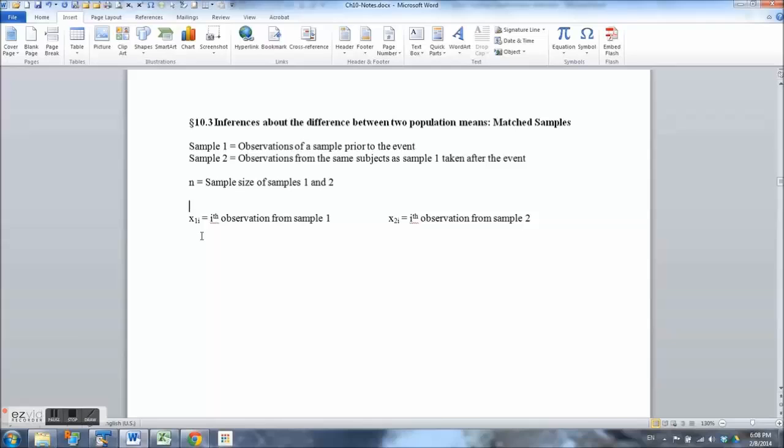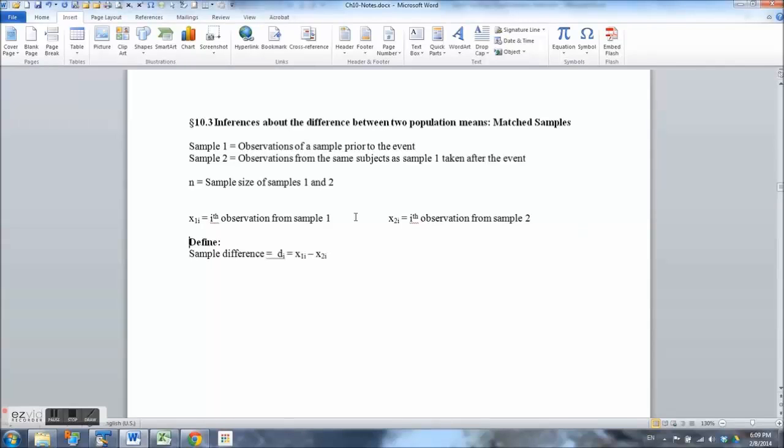Then we have one observation, let's call that x sub 1i, the ith observation from sample 1. Then we have x sub 2i, the ith observation in sample 2. And these two are matched, taken from the same sample subject.